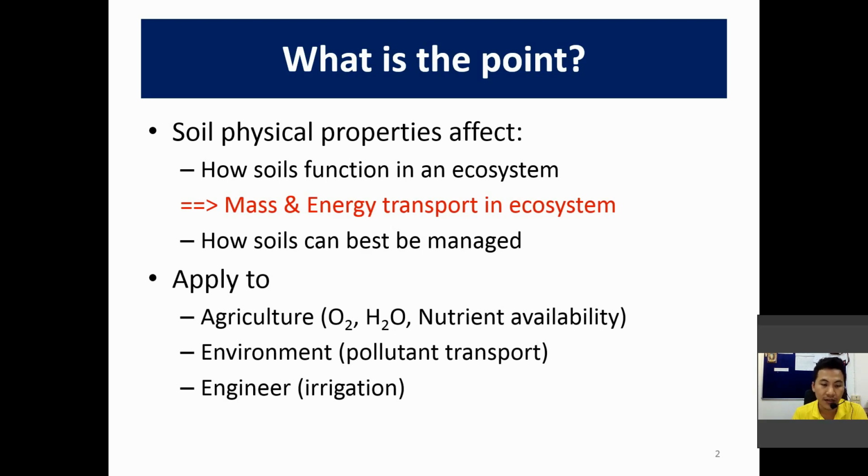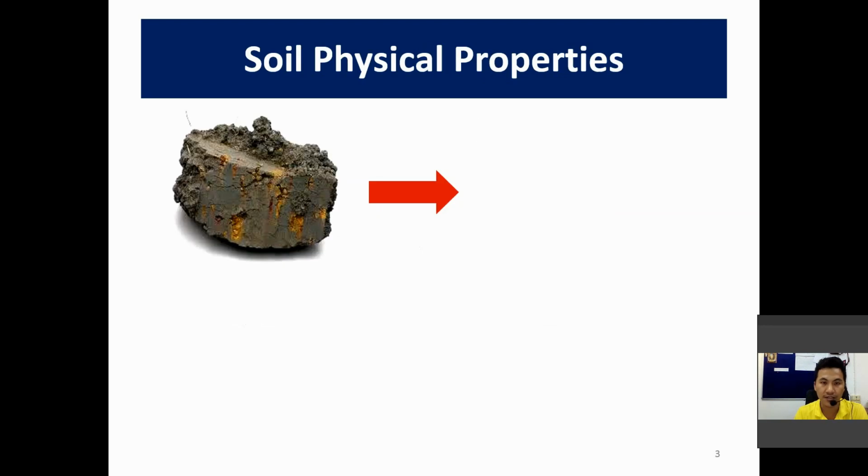And in terms of environment, this can explain how pollutants can be transported in soil or leach from the soil system to groundwater, and eventually will affect the food chain of human beings. And the last application is in engineering. So this can help in terms of irrigation systems. So it's really important to study the physical properties of soils.